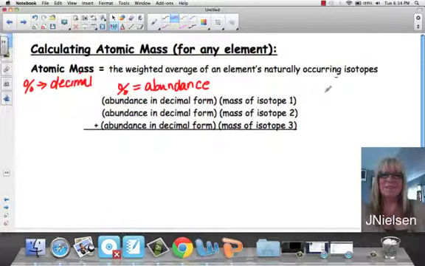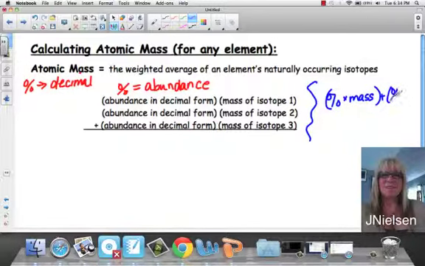Or you can do this problem another way, and I'm going to show you both. The second way is to take the percent times the mass, plus percent times mass.